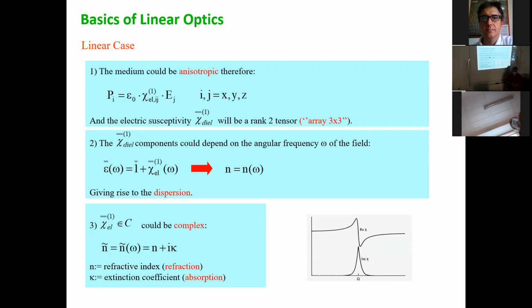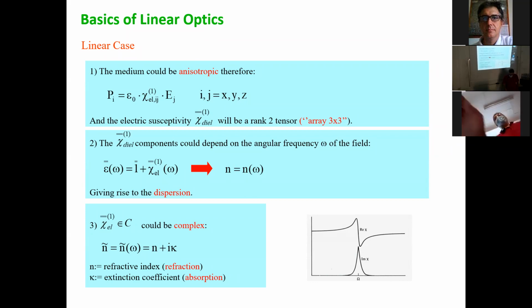Okay, and this effect is named dispersion of the refractive index. Now, these are the results that normally you have at the end of a general physics course, and that you assume in the optics courses.